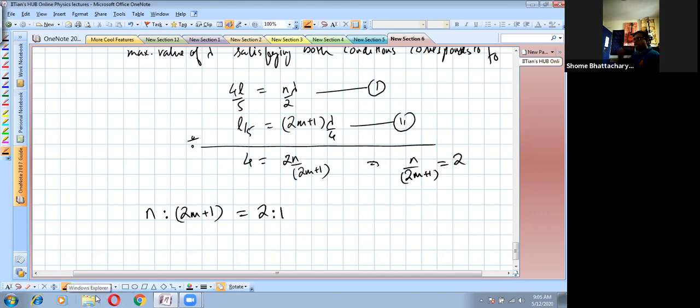So this becomes like a series of n and 2m plus 1, such that the first member of this series is basically 2 and 1. The second member of this series has to become 6, 3, because this always has to be an odd number, and n has to be double of that.